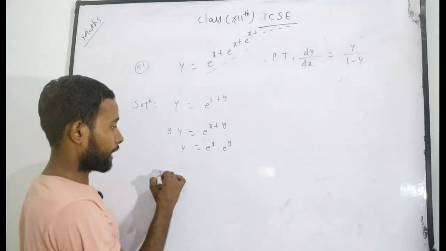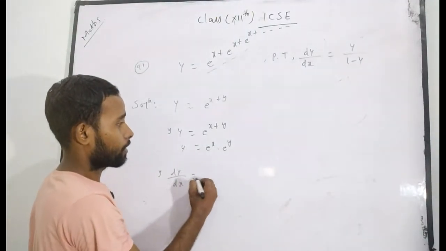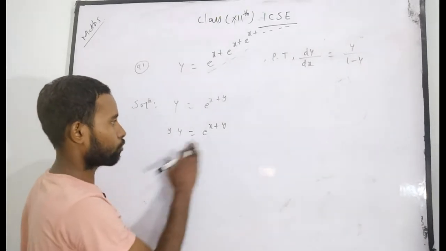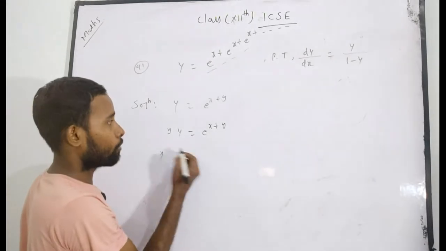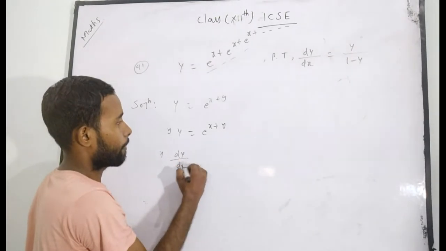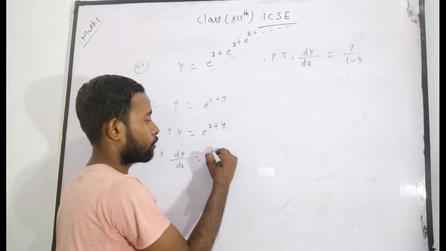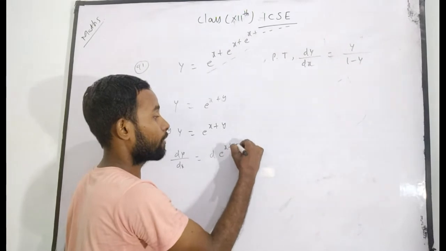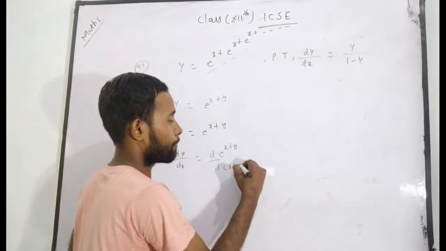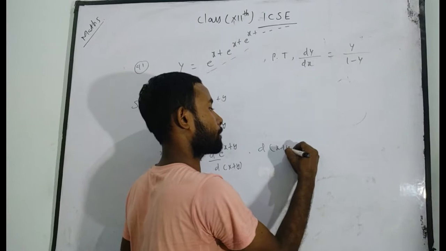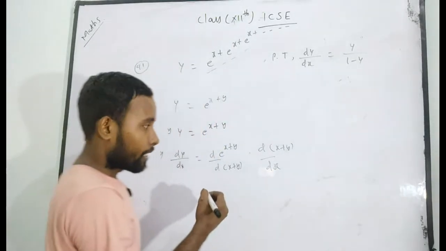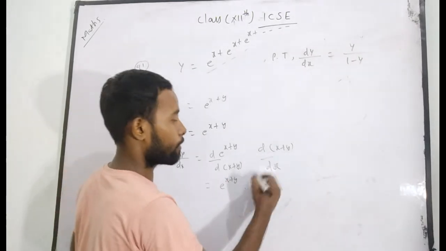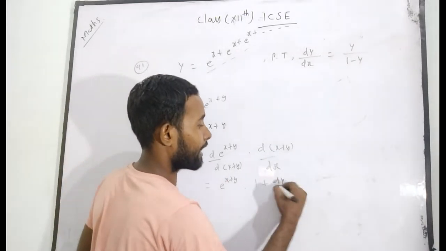If you differentiate on both sides, you will get dy/dx is equal to e to the power x plus y, because firstly you differentiate e to the power x plus y, thereafter again you have to differentiate x plus y with respect to x. Now the derivative of e to the power x plus y will be e to the power x plus y into the derivative of x plus y, which will be 1 plus dy/dx. I think you understand very well.